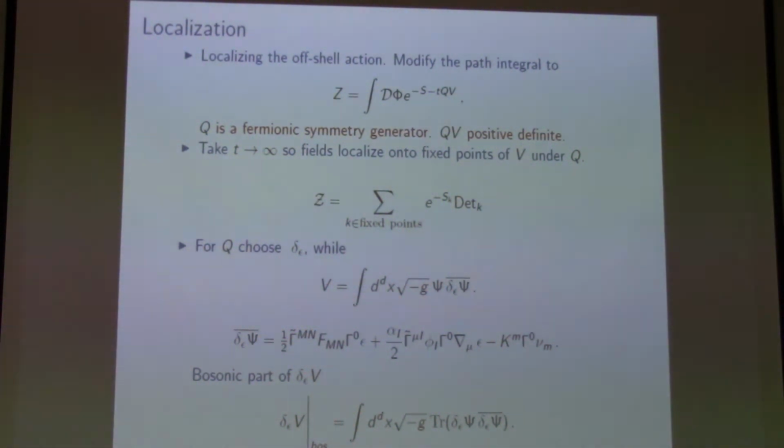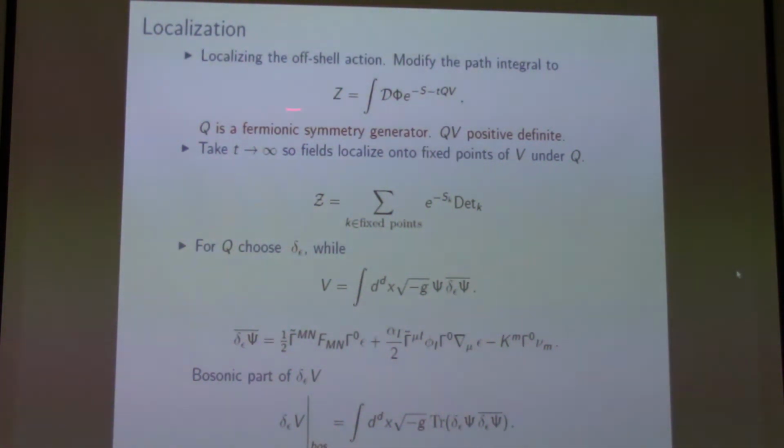Okay, so now we want to localize. I might have to speed up a bit here. So we have a partition function, and what we can do is add e to the minus t of S minus t times Q acting on something, where phi here represents all fields in the theory, and Q is some fermionic symmetry generator, and I'm assuming that QV is positive definite.